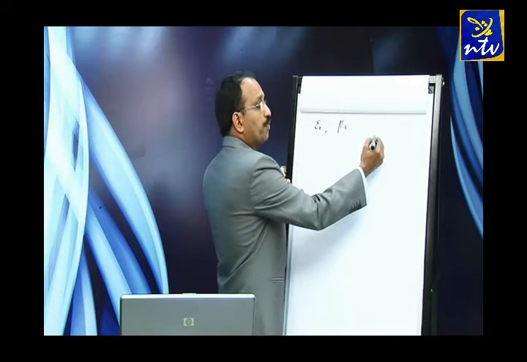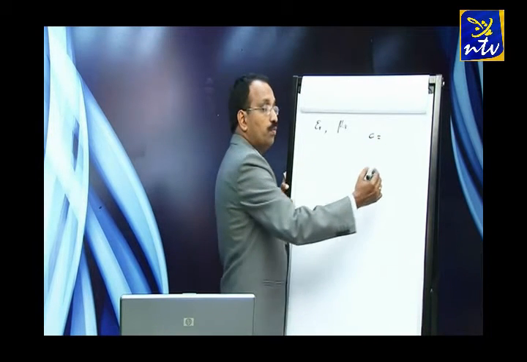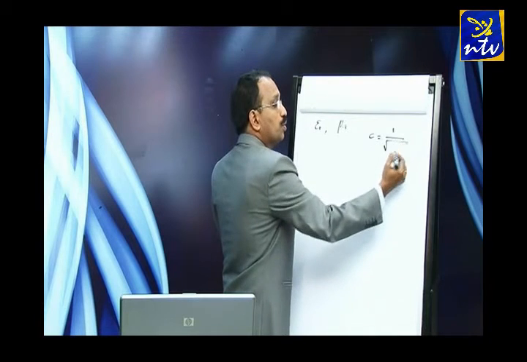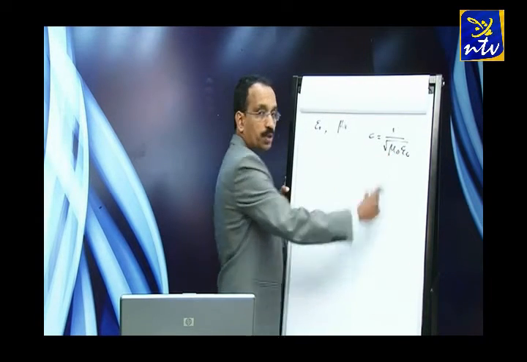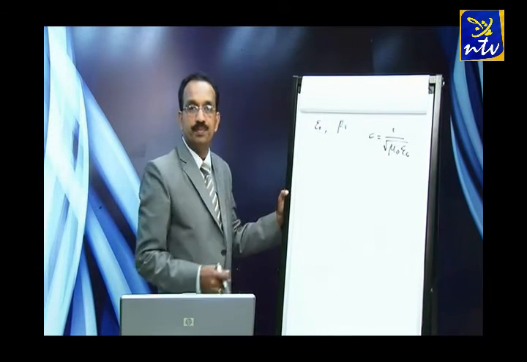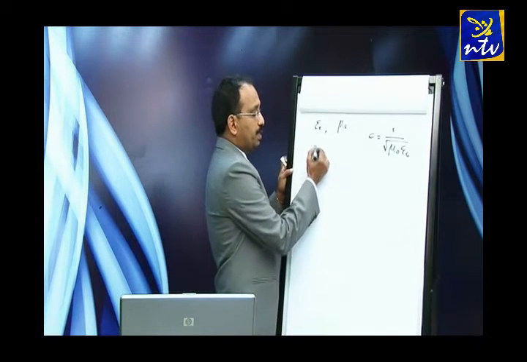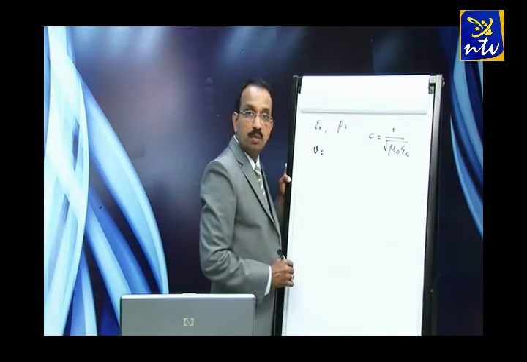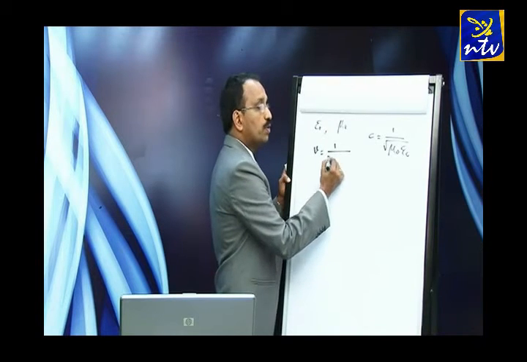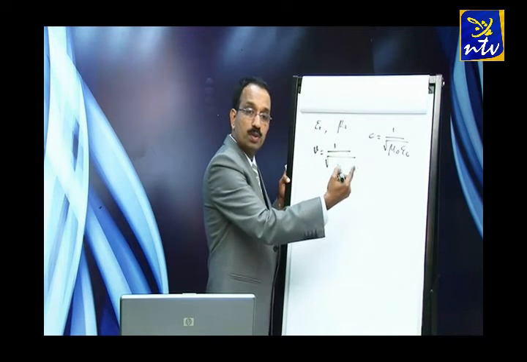You know the expression for velocity of light in vacuum: 1 by root of mu 0 epsilon 0. But this is a medium. So the velocity of light in the medium is 1 by root of mu epsilon, instead of mu 0 epsilon 0, which is for vacuum.